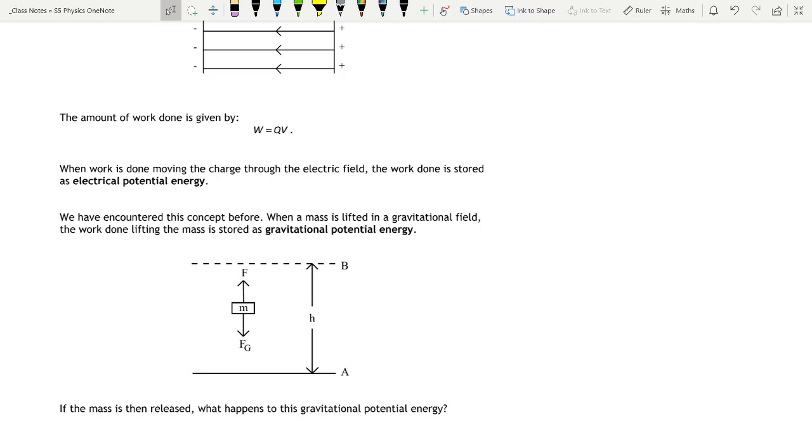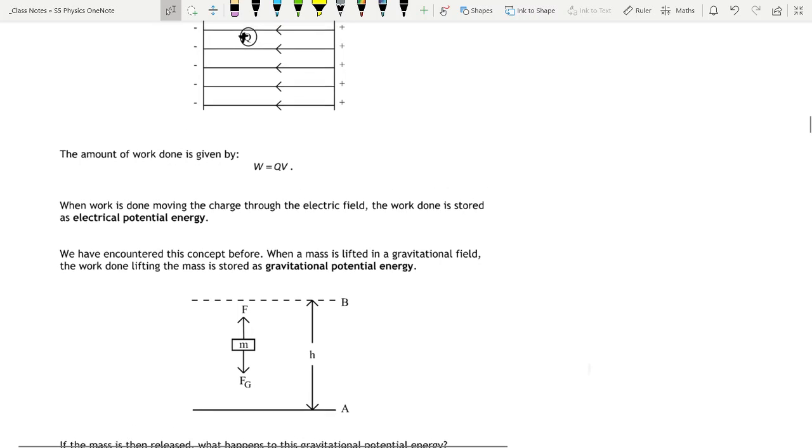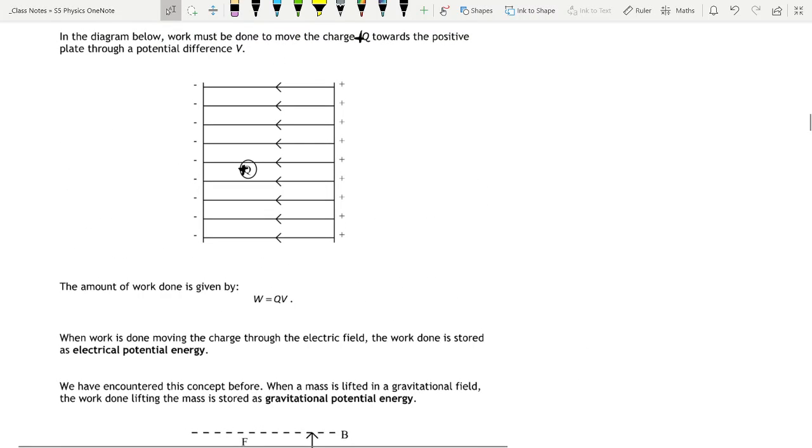You're doing work to lift it up, force times distance, and when it's up there, it's stored as gravitational potential energy, okay? So it's that potential energy. We haven't really talked about electrical potential energy before, we've just called it electrical energy, but it's still got that potential. If you look here, you're moving this along here, you're holding it there.